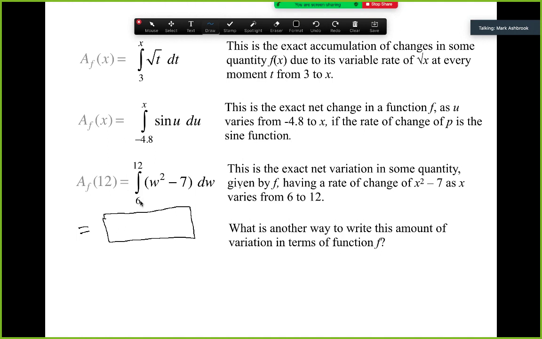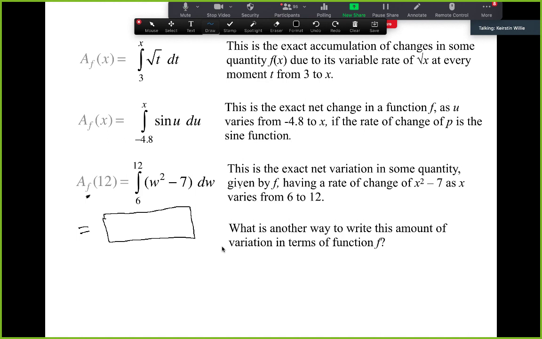A sub f of 6 is 0 because that'd be from 6 to 6. But what about using function f? How much does function f change as x changes from 6 to 12? We worked on this in recitation last week, and all this practice with function notation.